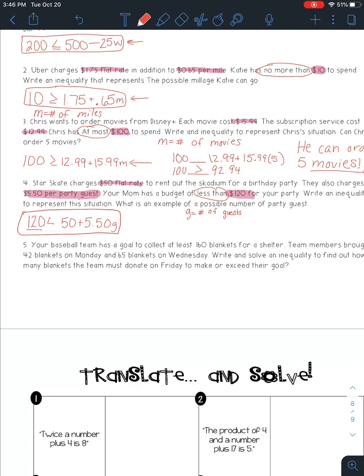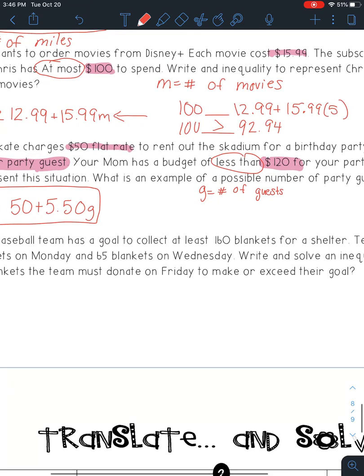So let's pick a number that we think could fall within there. So let's try 10. Let's see if 10 is a possible number. So we have our 50 plus 5.50 times 10. So that's 50 plus 55, which is going to give us $105.